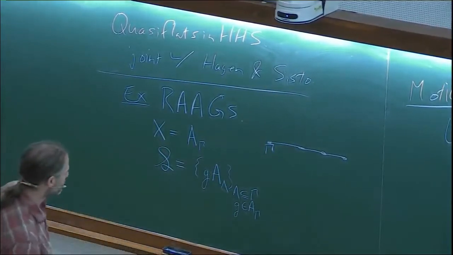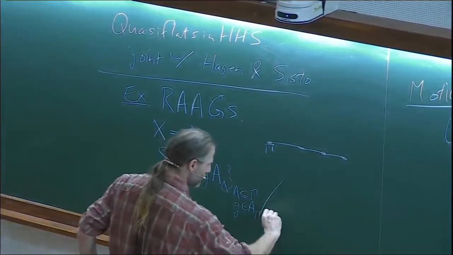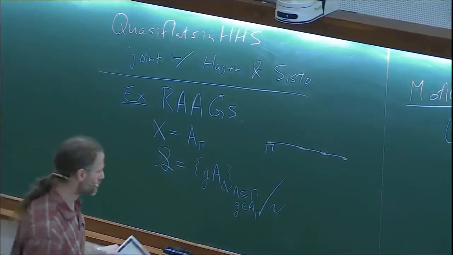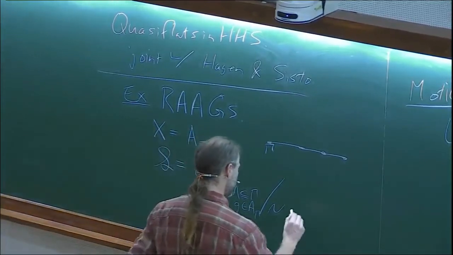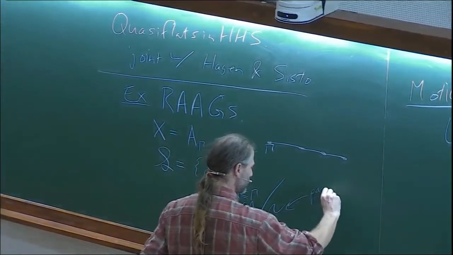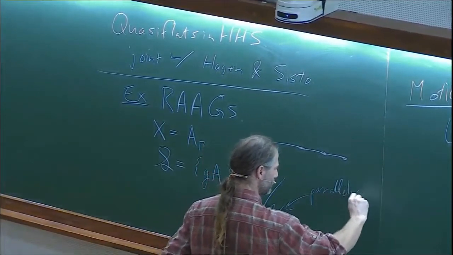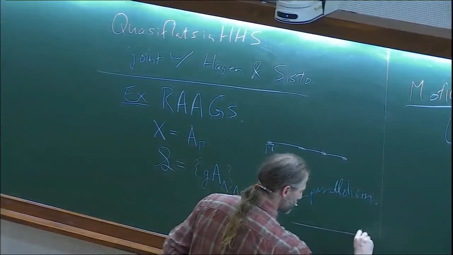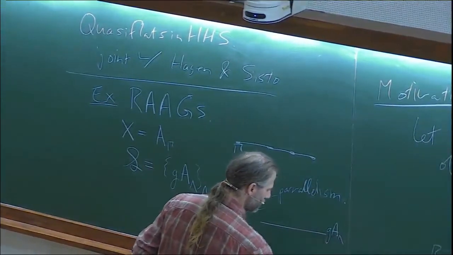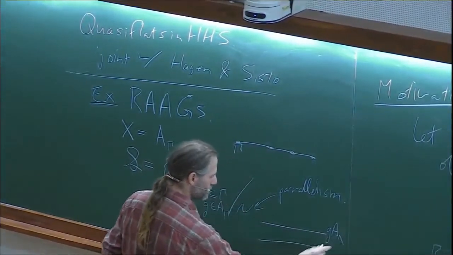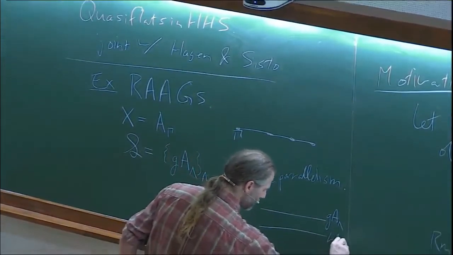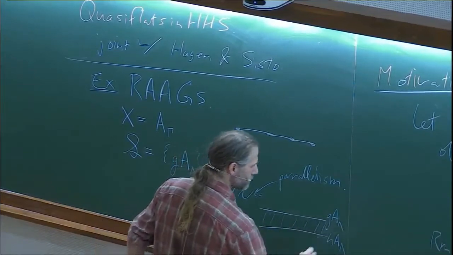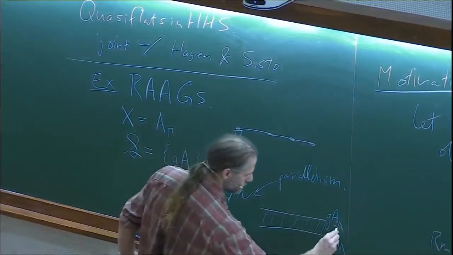There's one place where we need to be careful. The fine print is that this is modulo some equivalence, which we call parallelism. It just means that if you have two cosets, g A sub lambda and h A sub lambda, which are a bounded distance apart, then they're equivalent.